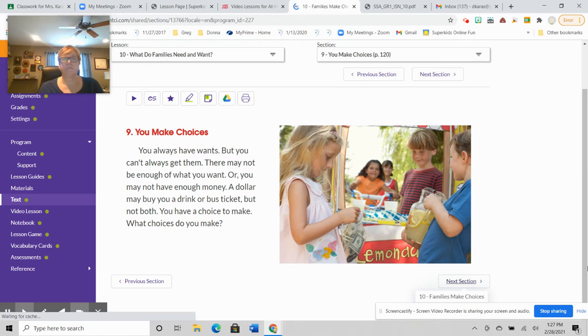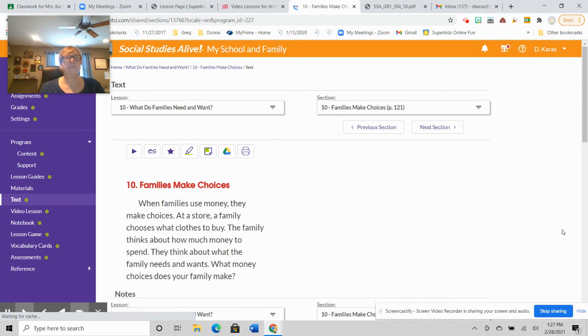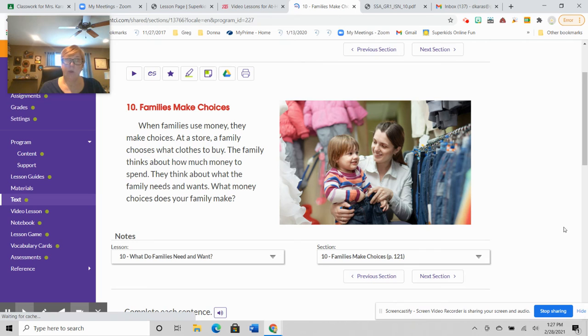Okay. Here we go. Families make choices. When families use money, they make choices. At a store, a family chooses what clothes to buy. The family thinks about how much money to spend. They think about what the family needs and wants.